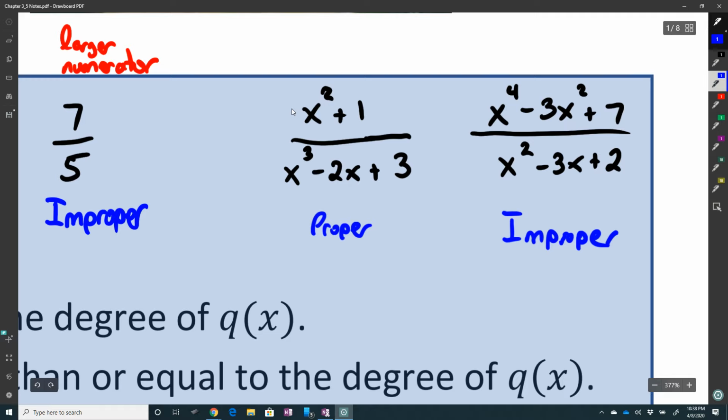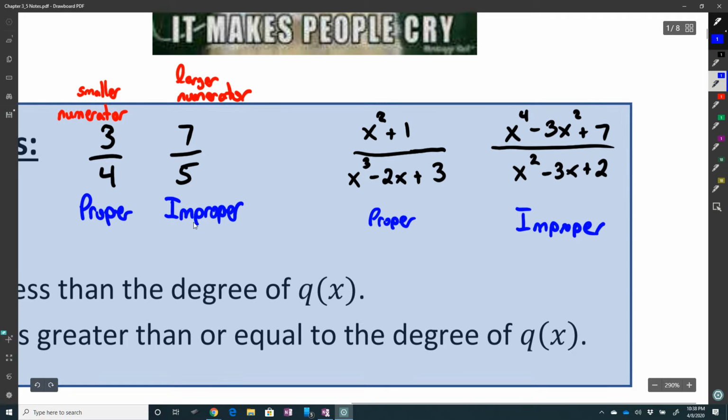Can you tell why? It's a different concept. They're not numbers. But it's the same idea. When we're dealing with rational functions, it's not the actual number itself, but it's the degree. Smaller degree on top. Okay? Here, notice that the larger degree is on top.